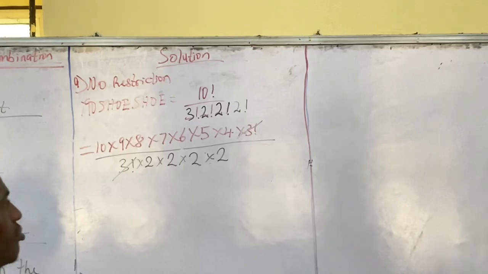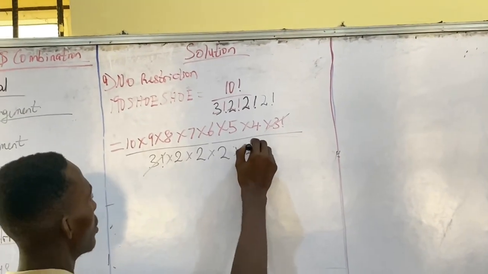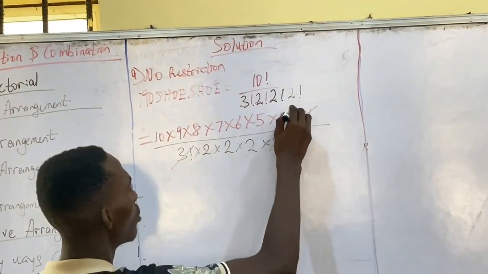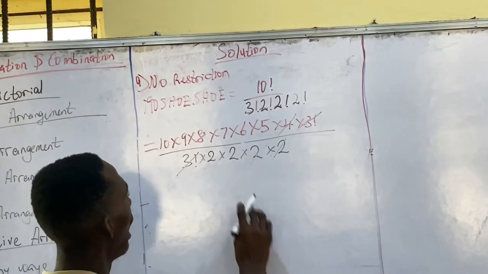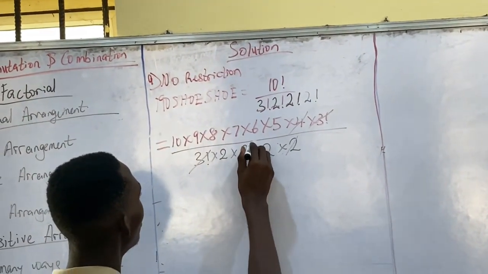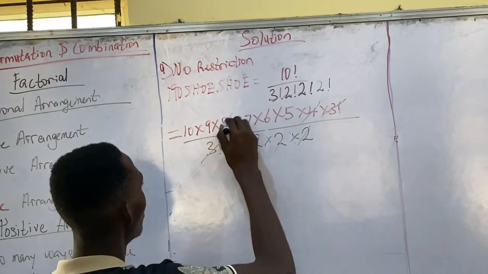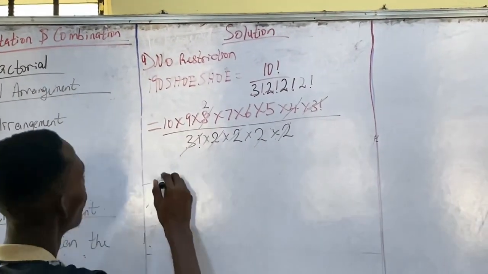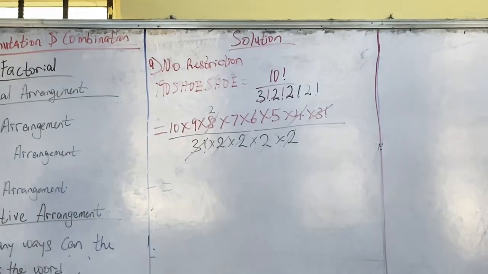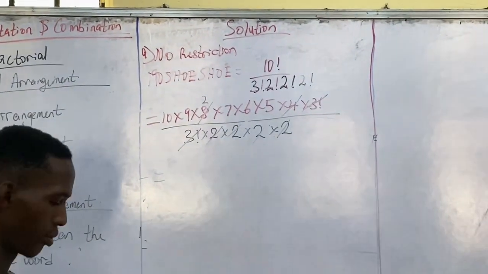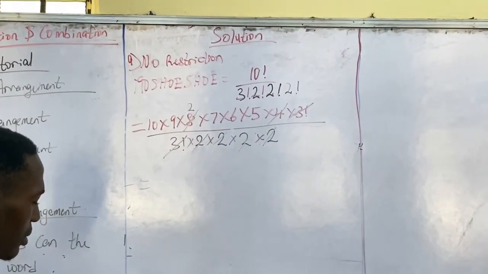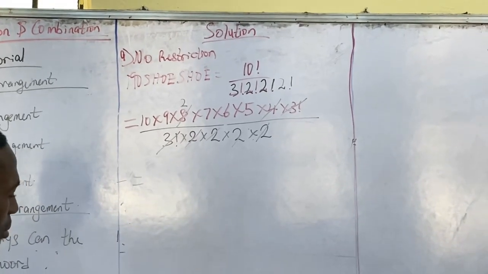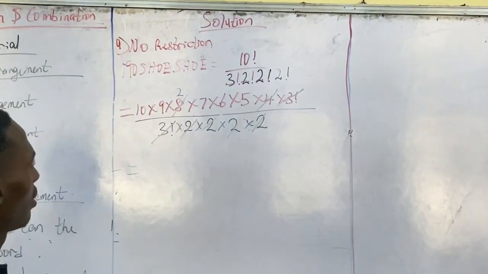Now we can further divide. This 2 cancels this 4, and I'm left with 2 again. This 2 here is 4, right? Then we can calculate: 10 times 9 times 2 times 7 times 6 times 5.